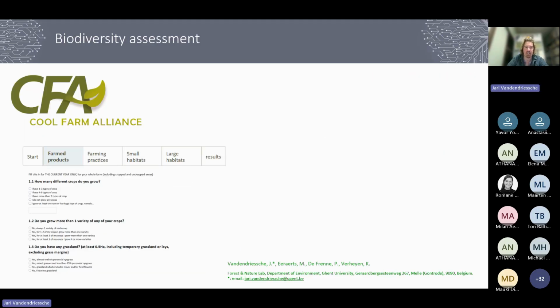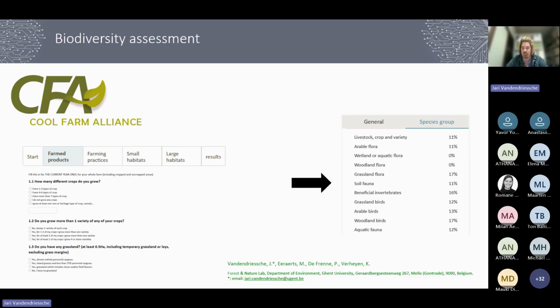For Cool Farm Alliance, you have a kind of questionnaire you have to fill in for your farm, which really goes from the products that you make, the practices you do, and then the habitats that you have on your farm. And you just have to fill it in, really questionnaire based. And the result is some percentage.